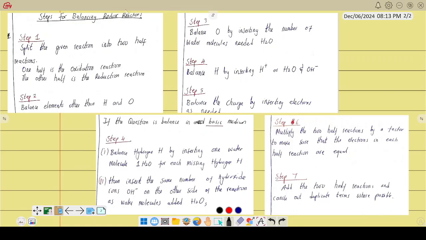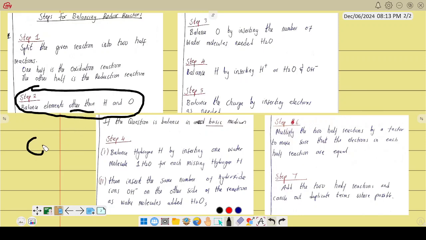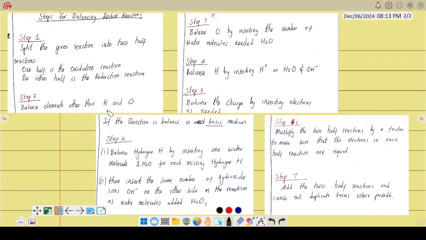So when you identify your half reactions and then you go to step 2, which is balance elements other than hydrogen and oxygen. So if you have copper, you balance it. If you have anything, aluminium, anything except if it's hydrogen or oxygen, because these, they are special, we're going to balance them in their own way.